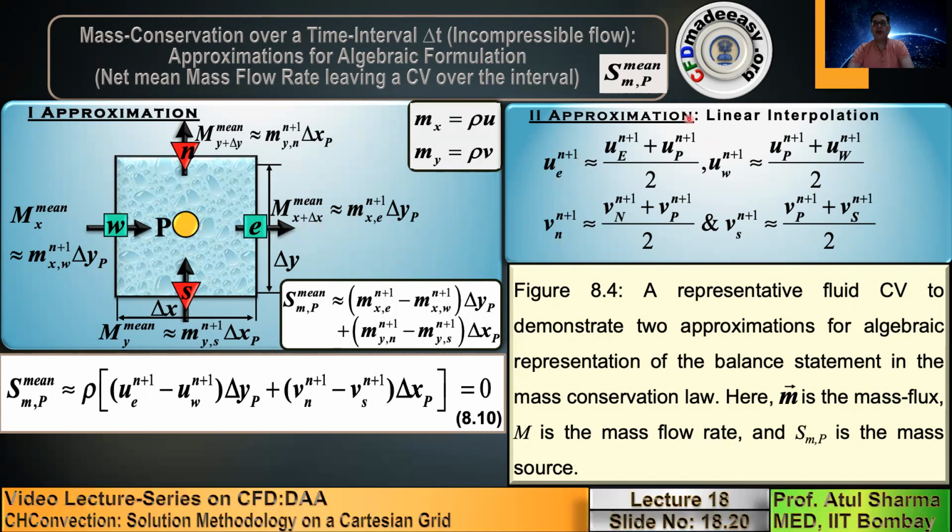So for a uniform grid, the linear interpolation leads you to this representation of obtaining the normal velocity at the surfaces. If you compare it with the advection scheme, this is similar to a central difference advection scheme.